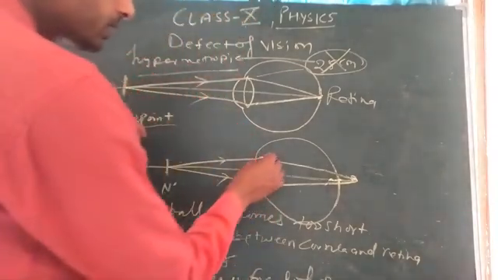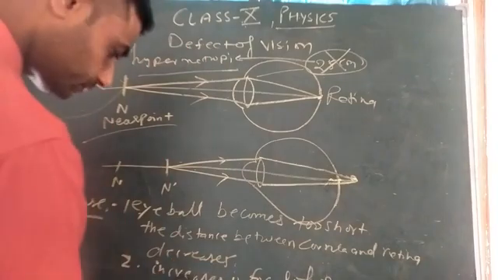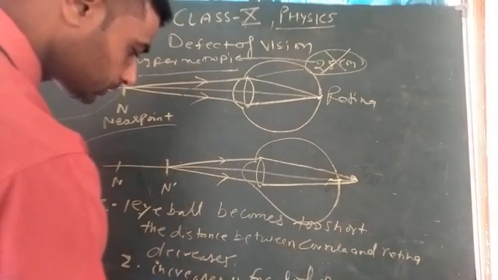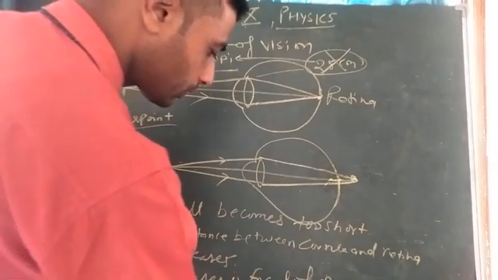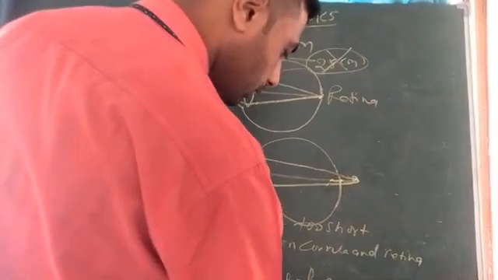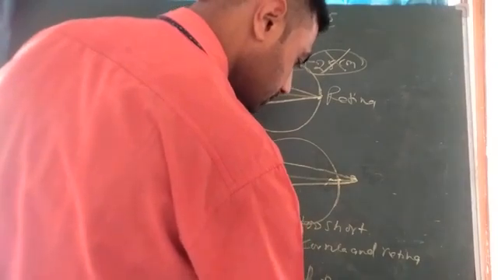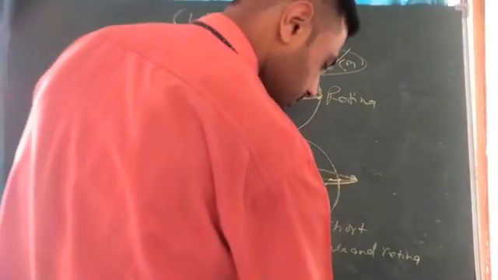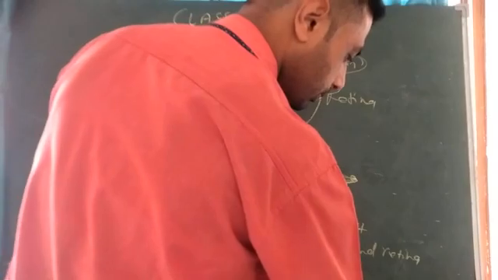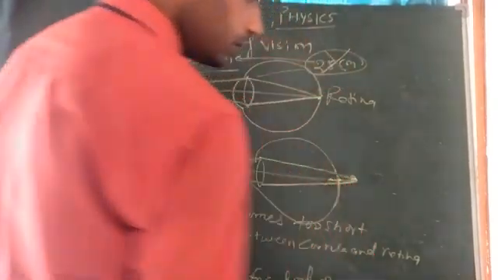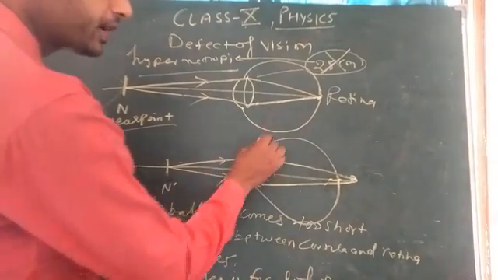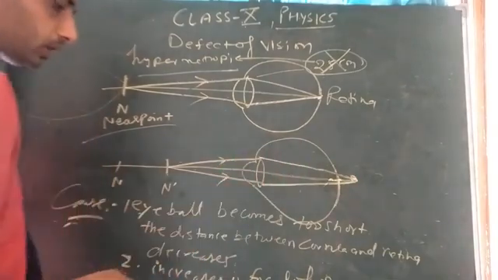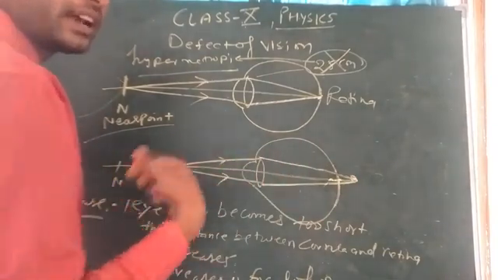It means the converging power of the eye lens decreases. So these may be two causes: one, the eyeball becomes too short, or the focal length increases.